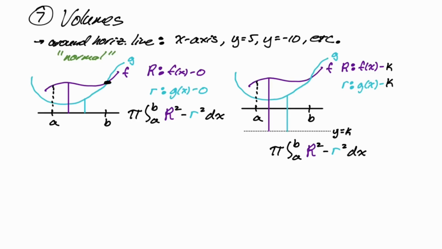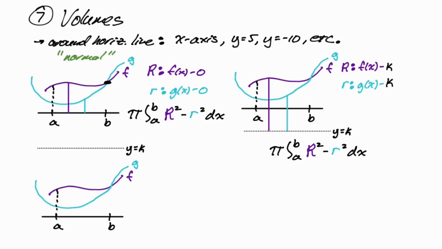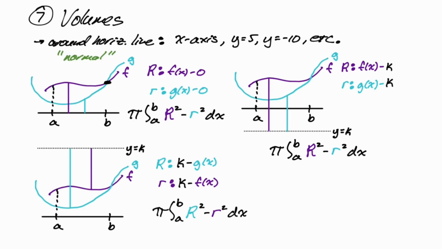Now there's a third scenario, which is really no different, where the axis we're going around is above the region, right? But we just draw things. You can see the color has changed because the farther out curve is different this time, but you still just draw those 2 segments, whichever is bigger is big R. Big R is going to be k minus g of x, that's top take away bottom, and then little r is k minus f of x, top take away bottom, and then our integral is exactly the same, pi, the integral from a to b of big R squared minus little r squared, and then dx.